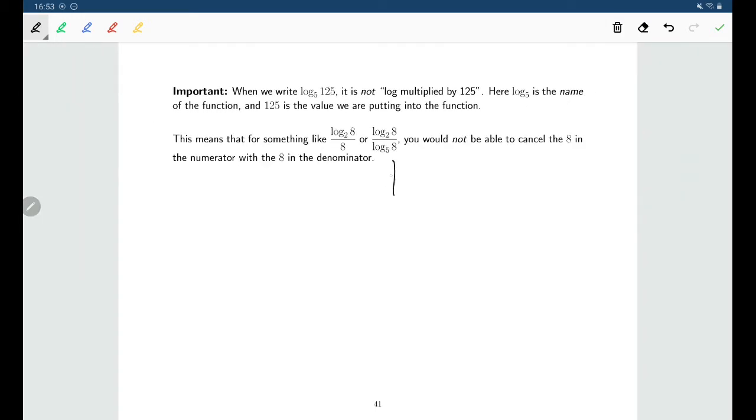In the same way, if you were asked to find f of 3 over g of 3, you would not be able to cancel the 3s and say, oh, this is somehow now just f over g. The 3s are numbers that are going into those functions. Those are not separate factors that can be canceled out. And similarly, if I asked you f of 2 over f of 5 for some function, you wouldn't cancel the f's. So in the same way, you wouldn't cancel the logs.